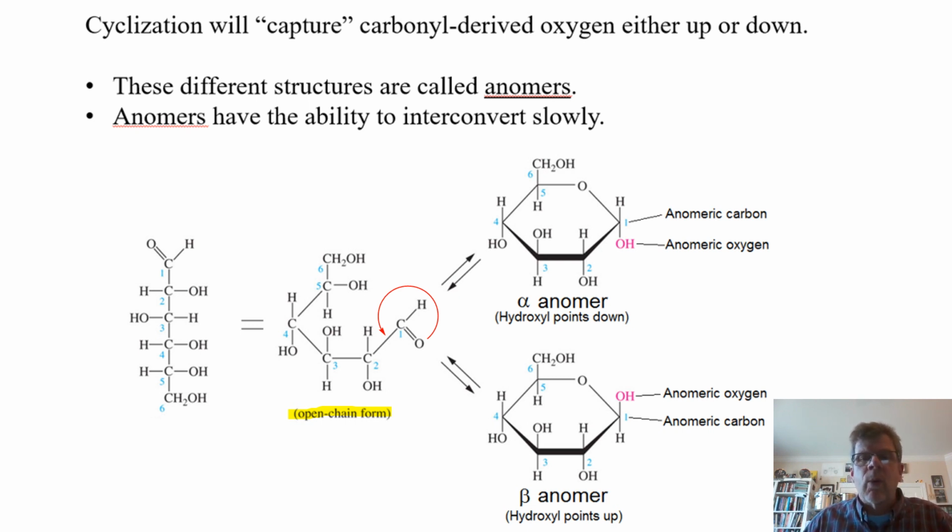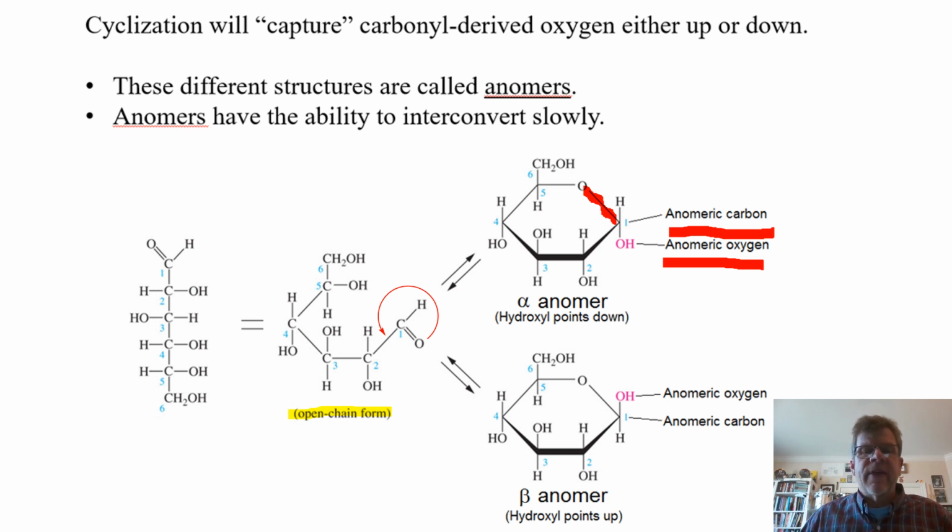Because of this, what we get now when we look over to the possible structures on the right-hand side is that if you look at the structure upwards on top, that bond was just formed right there, giving our anomeric carbon and anomeric oxygen that we see there, that used to be the carbon and oxygen of the carbonyl. Notice the disposition of this anomeric oxygen. It is pointed down.